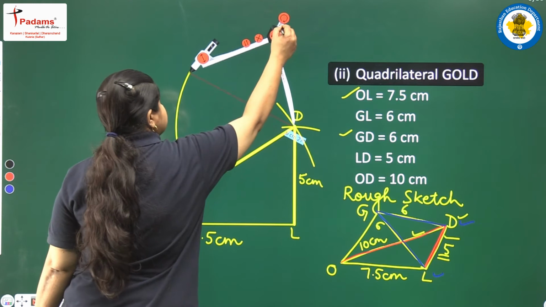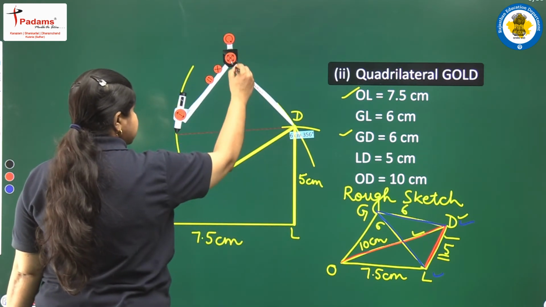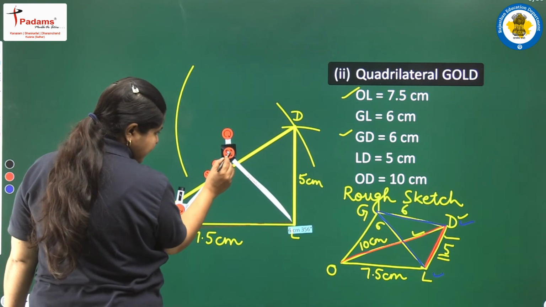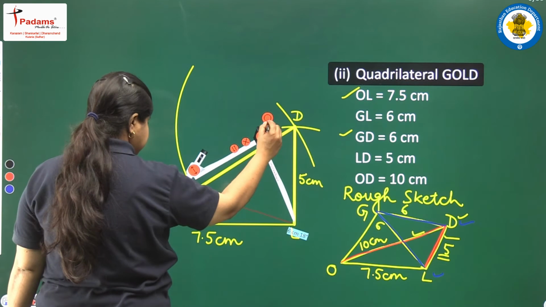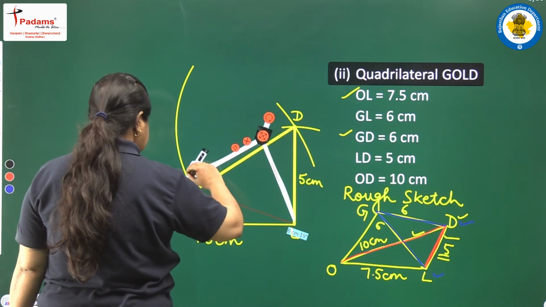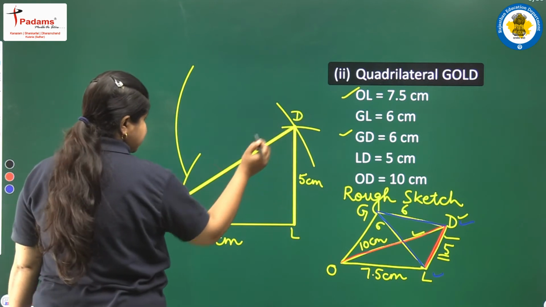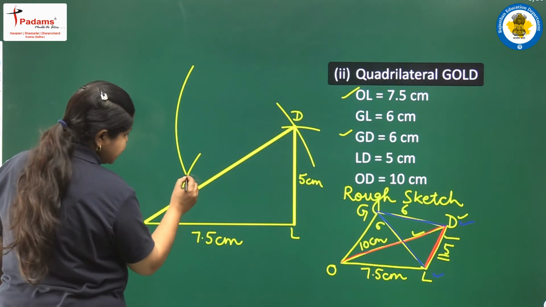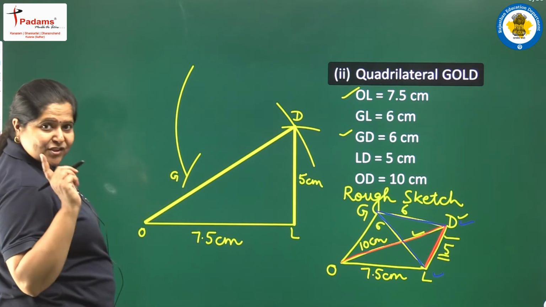Then what next we have to do is take the center at L. So we take it at L and again with the same radius we will draw another arc. Yes, this one. So we get the point of intersection of these two arcs as this one named G. So we name it as G.